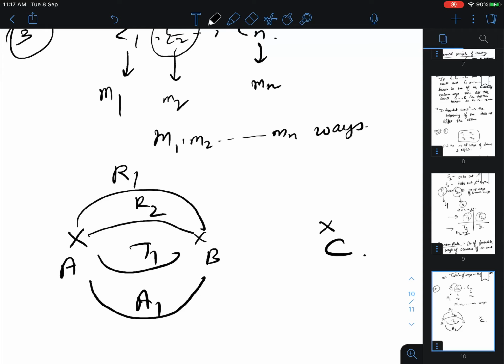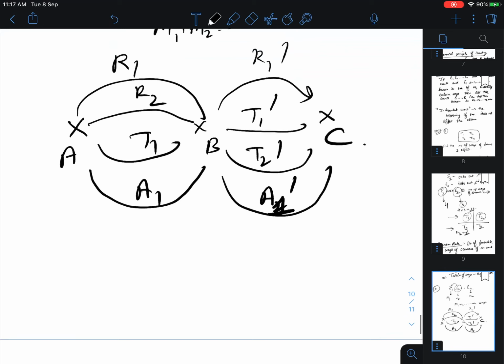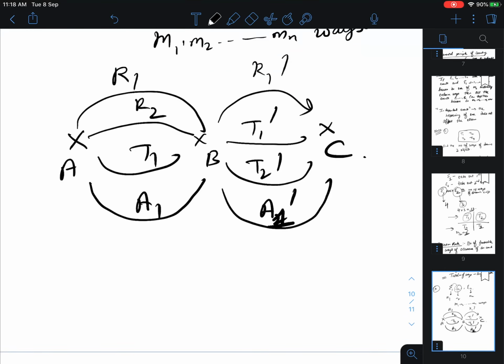And from B to C, suppose you can go by road 1 dash, road 2 dash, train T1 dash, T2 dash, and let's say plane A2 dash. Suppose we have the following situation and we want to go from A to C via B.